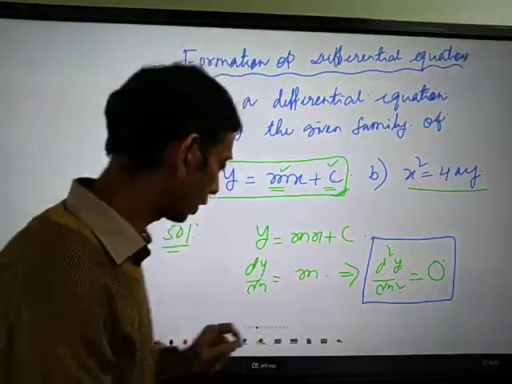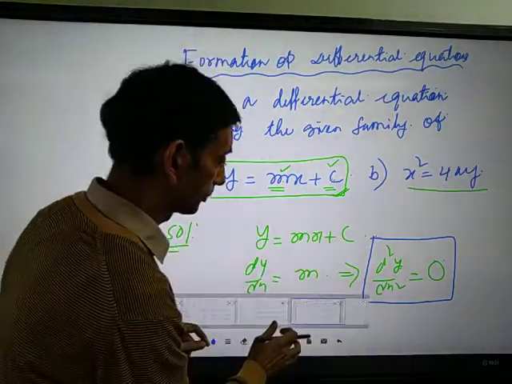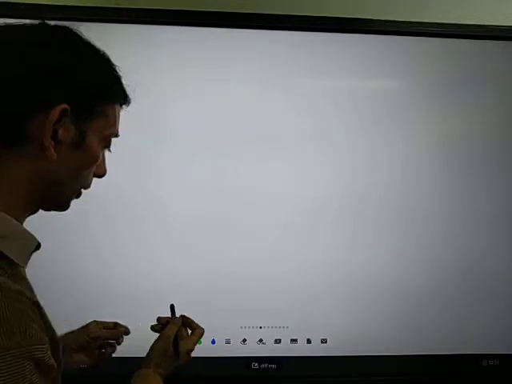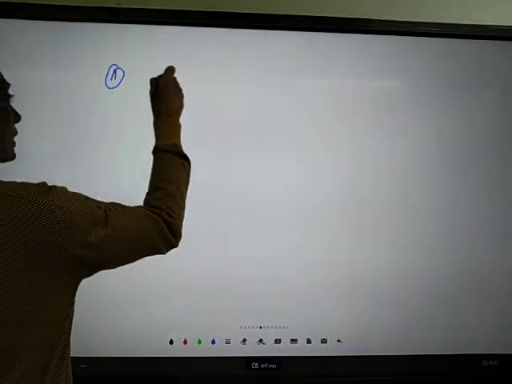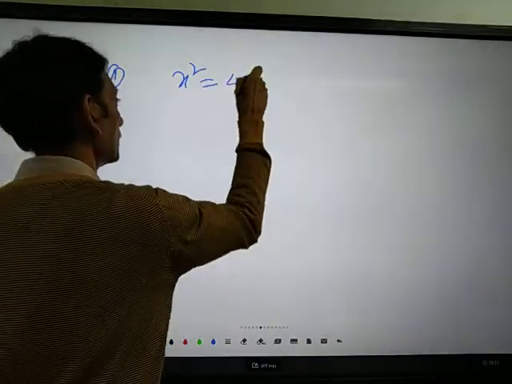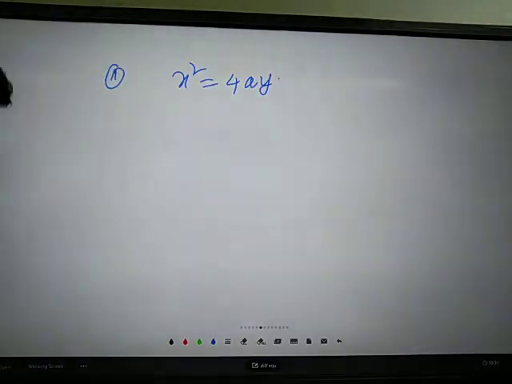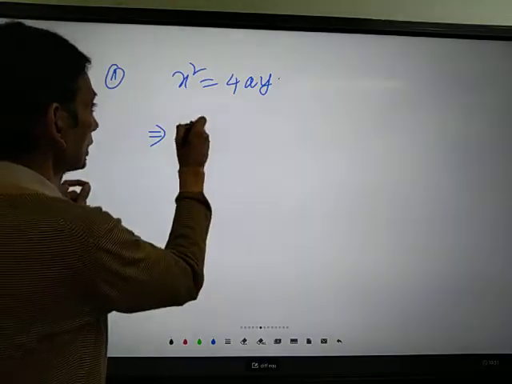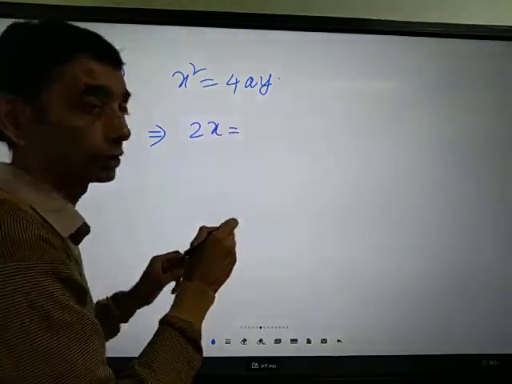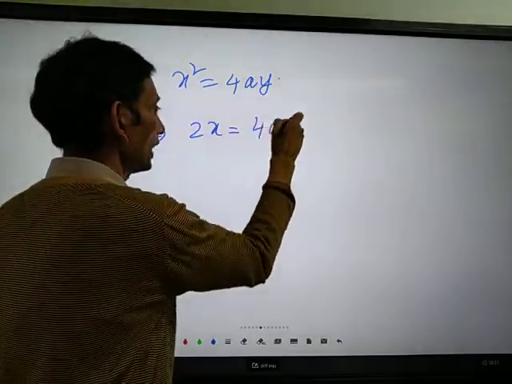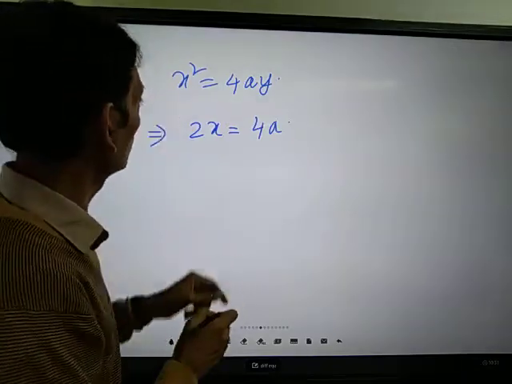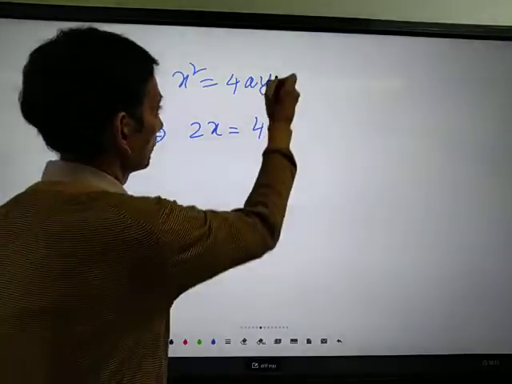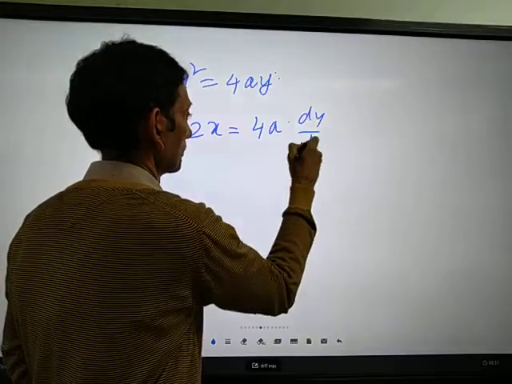And similarly, you can solve the next question, that is x squared is equal to 4ay. We'll differentiate this. If we differentiate, we get 2x equal to 4a dy by dx.